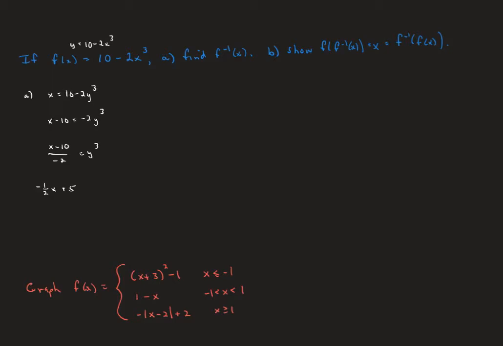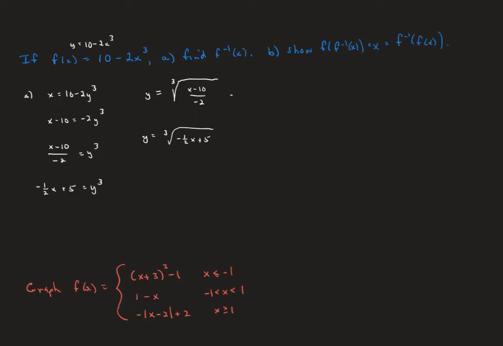Either way is okay. And then we're going to take the cube root of both sides. So that would give us, with the big fraction part, that might be the best way to do this, x minus 10 over negative 2. You could also, I'm just going to write it so you can see it, cube root of negative 1/2 x plus 5. That would be okay as well.